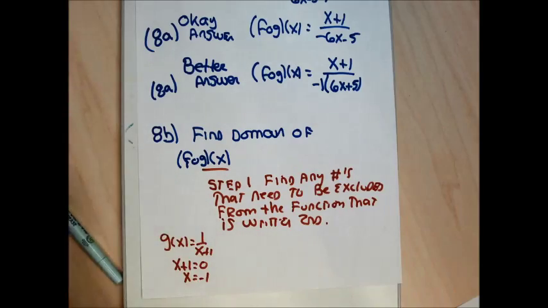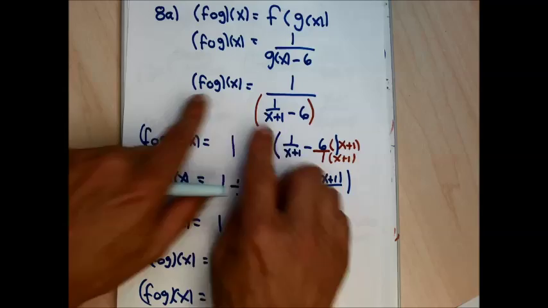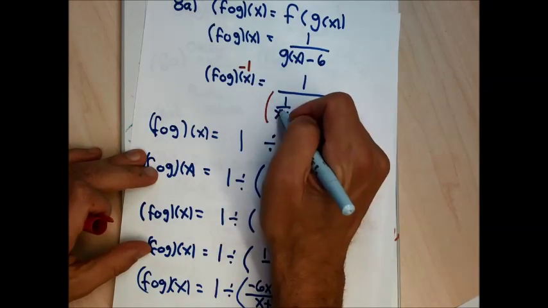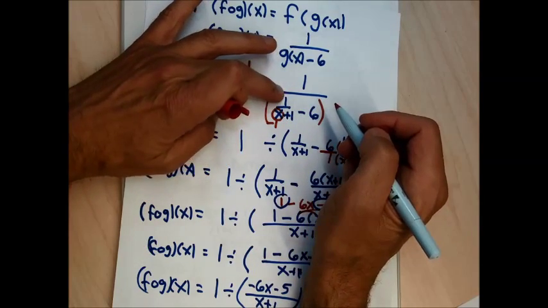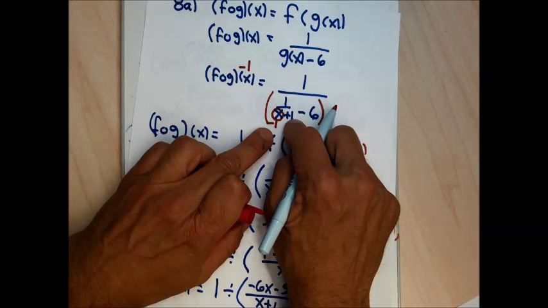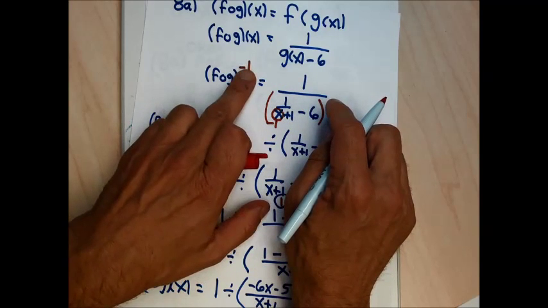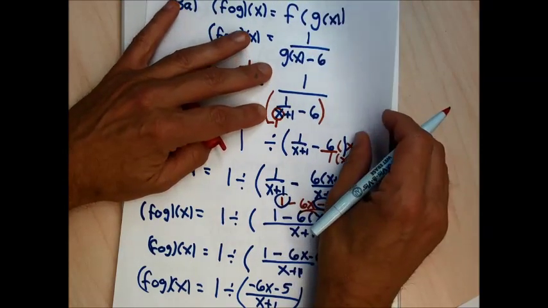This is because if, at the very first version of my problem, I plug negative 1 in for x right here, I'd get a fraction that had a 1 in the numerator, and negative 1 plus 1, which is 0, in the denominator. I'd get an undefined fraction. So I can't plug negative 1 into the initial version of the problem without getting undefined.